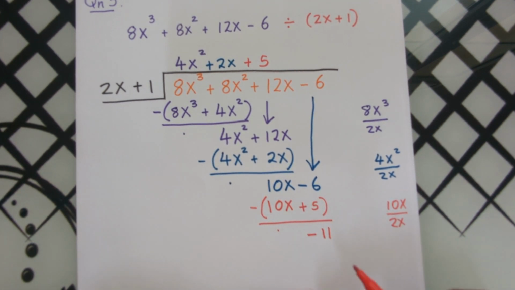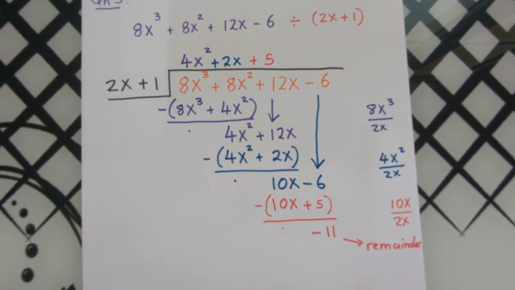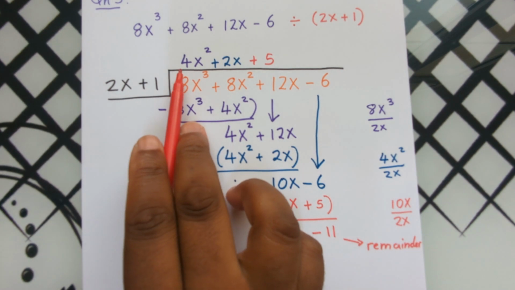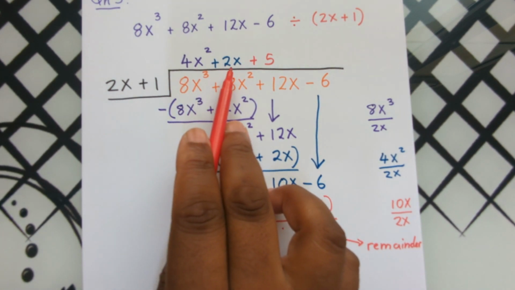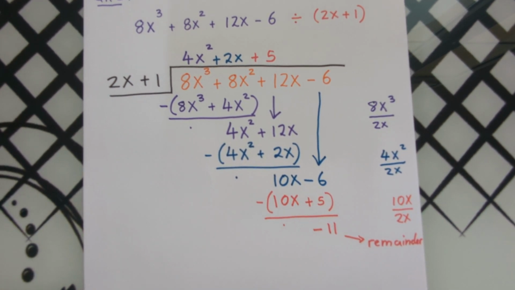So in this case, our negative 11 is our remainder. In this case, our remainder is not 0. So what it means is our quotient is going to be 4x to the power 2 plus 2x plus 5 with a remainder of negative 11. So now how do we write our final answer?